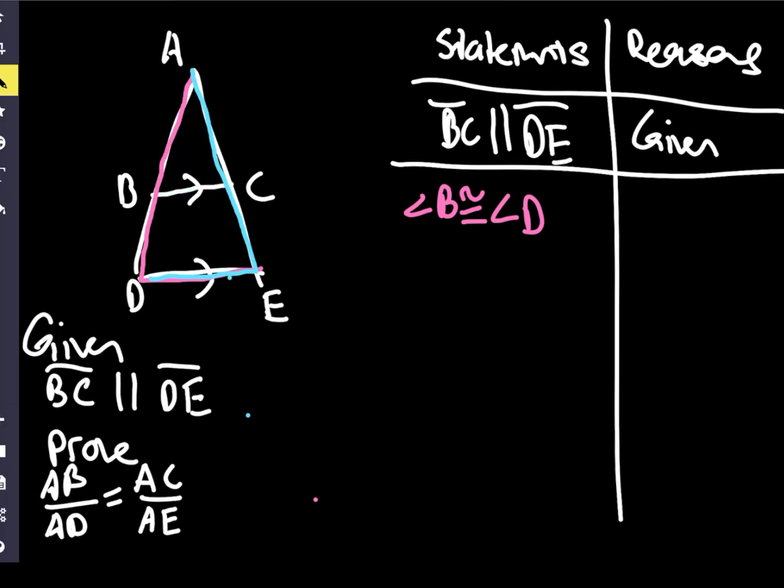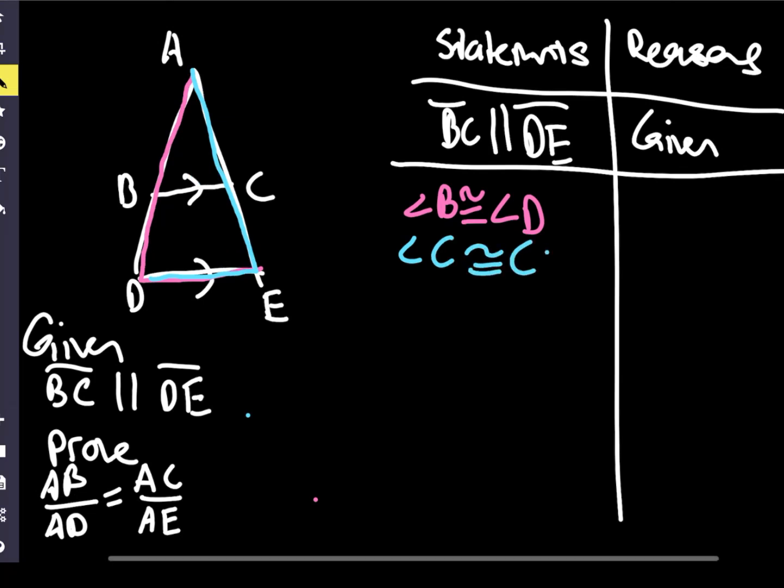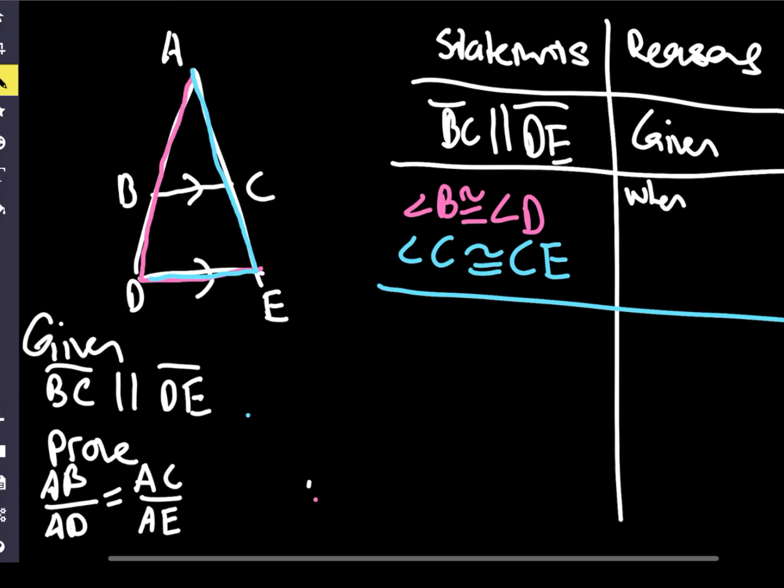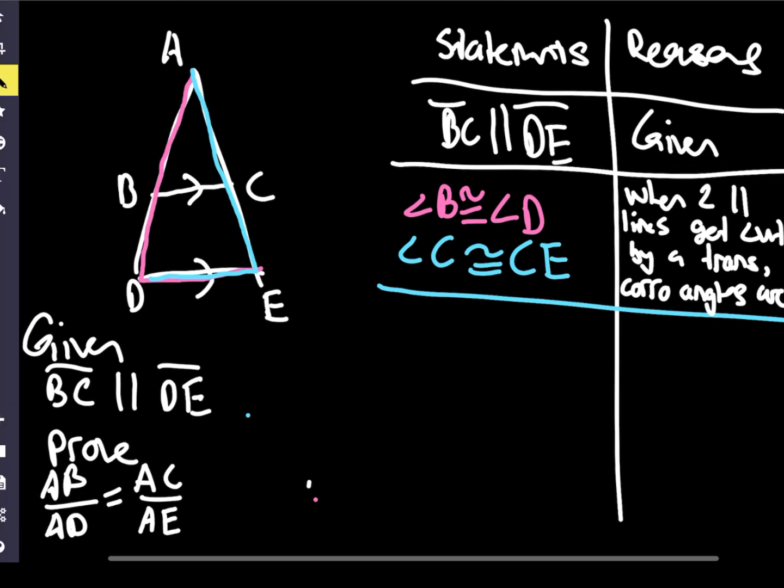So we're going to say that angle C is congruent to angle E. And this is because, well, I already said it, but when two parallel lines get cut by a transversal, corresponding angles are congruent, okay?